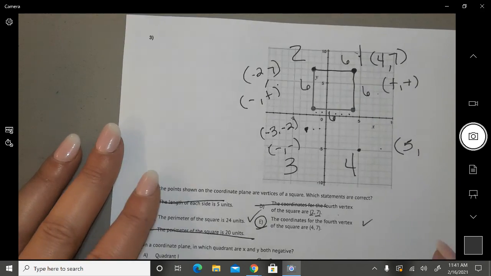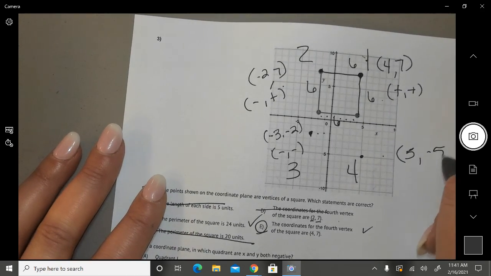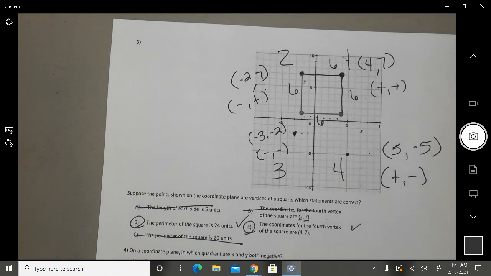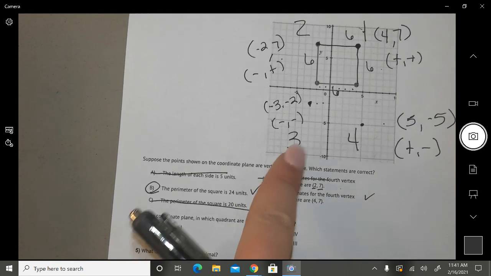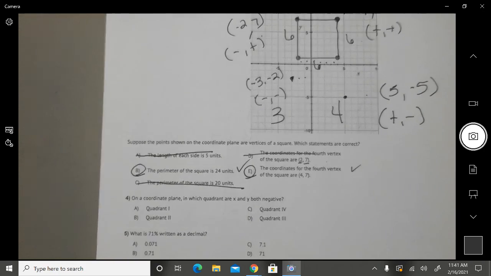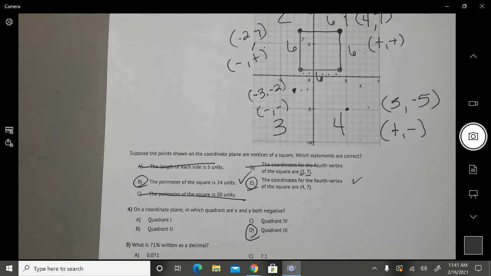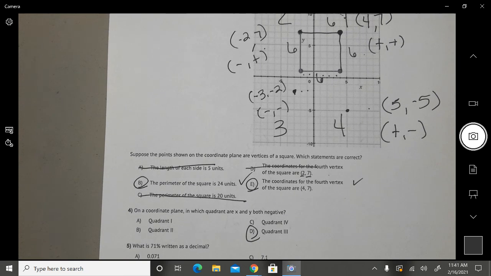Down. So down would be negative 5. So we've got a positive and a negative. Which one of these has both negatives? Number 3. Quadrant 3. This is something we're going to practice more, but you need to start memorizing now. Okay?